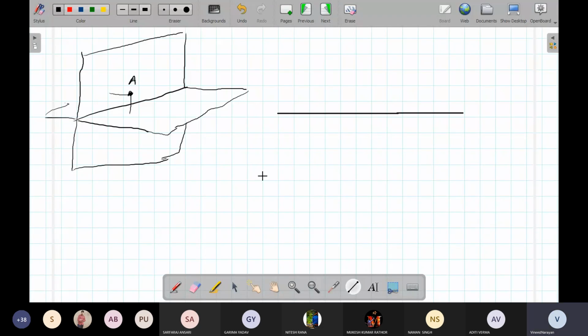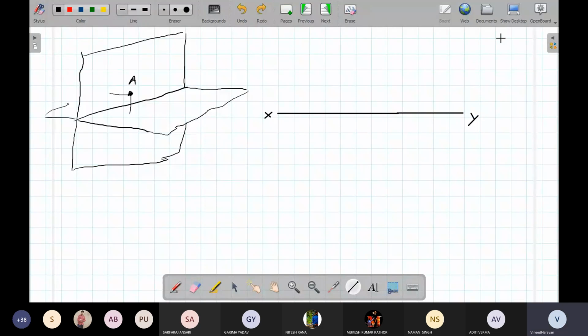Okay. XY. The point A, I will mark here. This is 12 mm and this is 20 mm. Let's take a thin line 12 mm above.